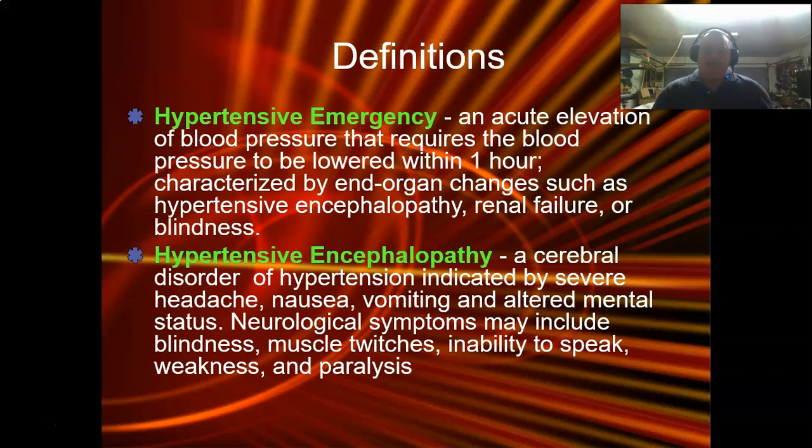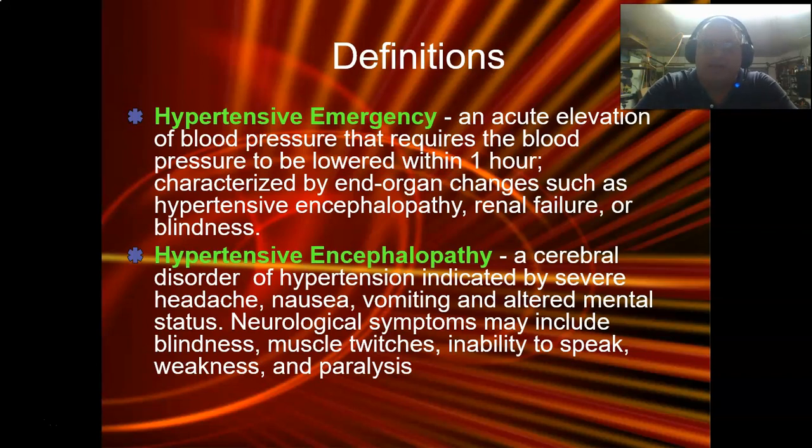It's usually caused by some sort of reaction causing the vessels to clamp up, and that's why you want to give them something like an alpha blocker, or something to relax or decrease their force of contractions. But we don't want to do it all at once, because the sudden dropping of the blood pressure can do just as much damage. So we want to slowly lower that blood pressure.